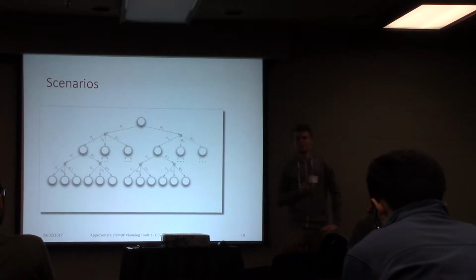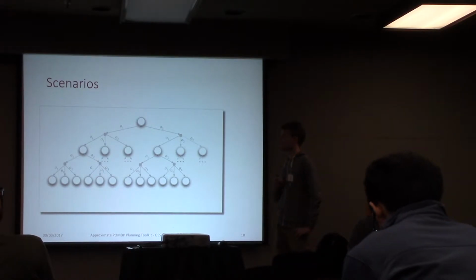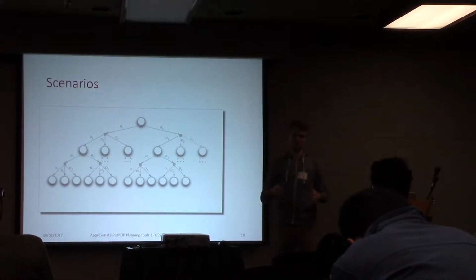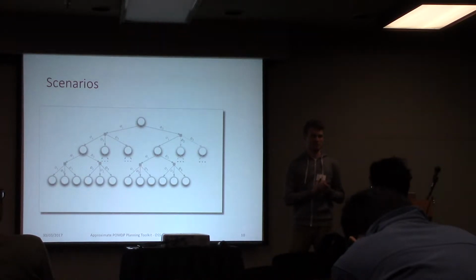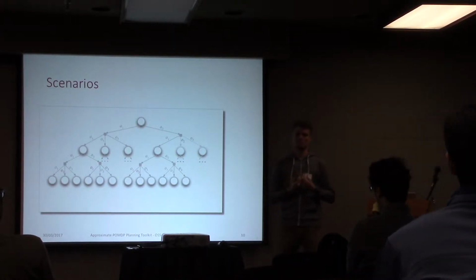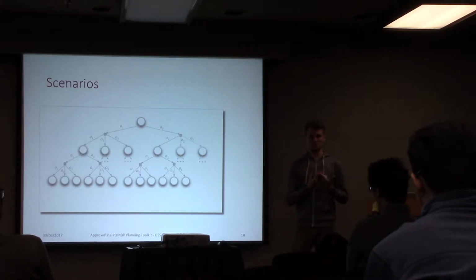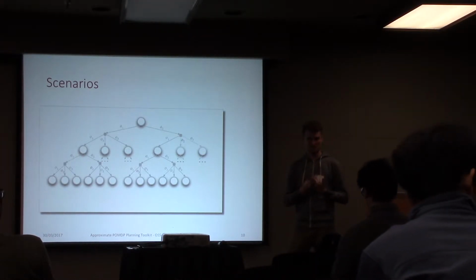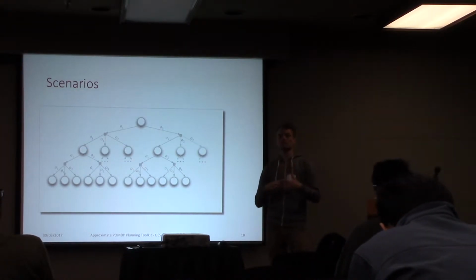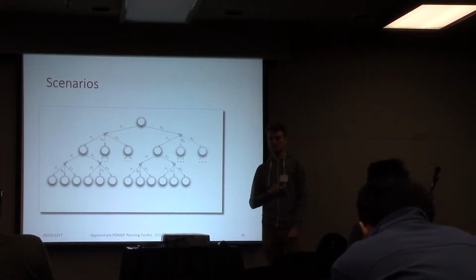Okay, so what are these scenarios? Intuitively, we came up with this: we want to think about uncertainty as all possible scenarios of the future. And our intuition is that maybe we can make reasonable decisions only considering a set of representative scenarios instead of thinking of all the possible scenarios.